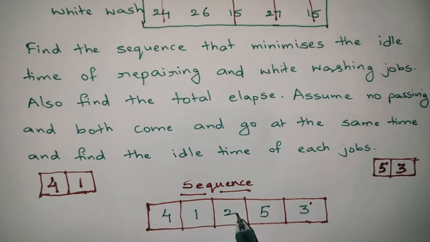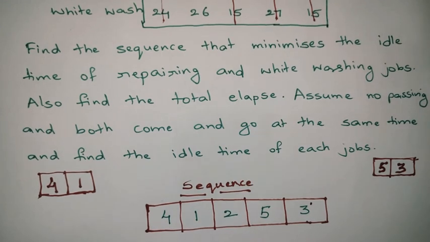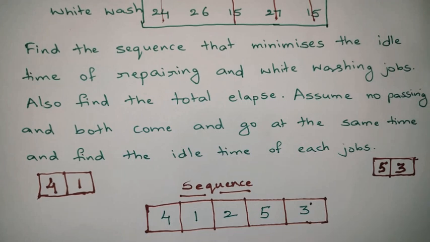So now what is the sequence of floors we need to write? 4, 1, 2, 5, 3. So in this way, we need to find the sequence if there is a tie in the same series, right? Now let us find the total elapsed time.